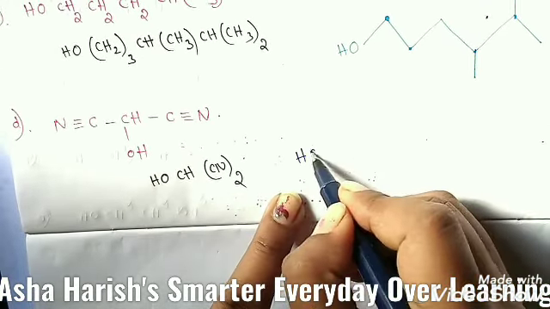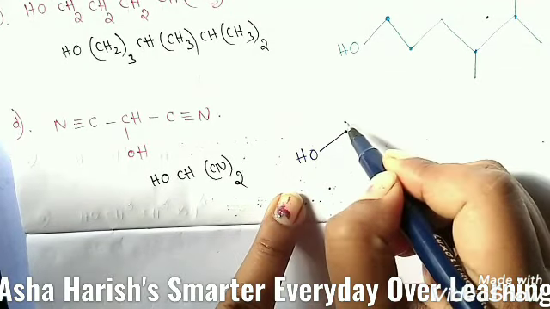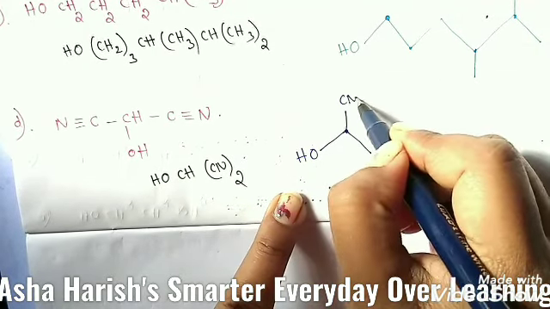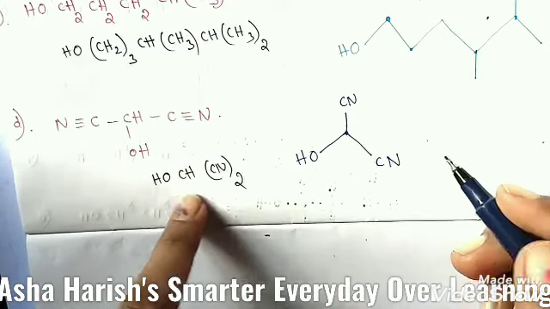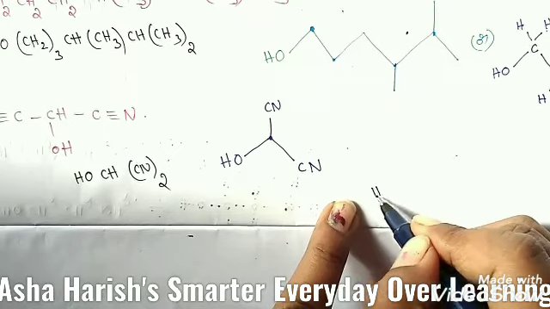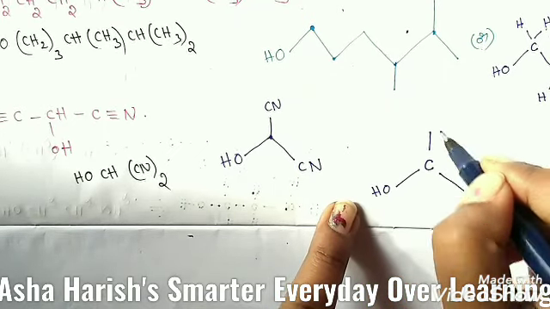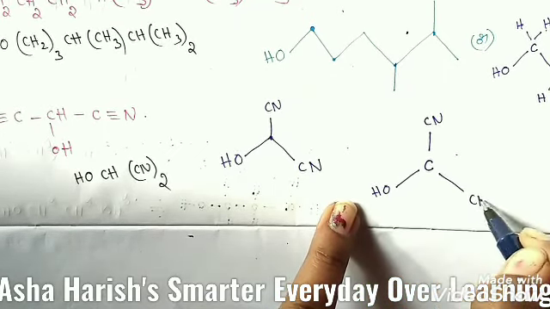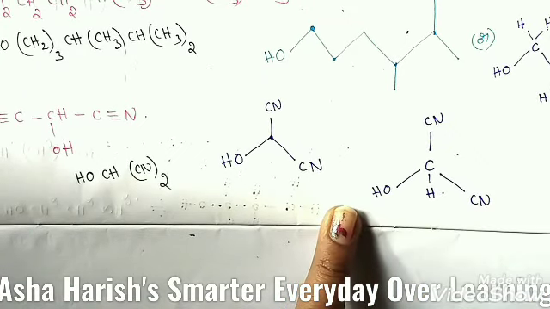HO, already one HO is located here, and like this CNs are 2 here, so here one CN and here one CN. CH means here one carbon, so this structure I am going to draw like this. So here one carbon is located, this is CN group and this is CN group, here one H is located. So this is the structure.